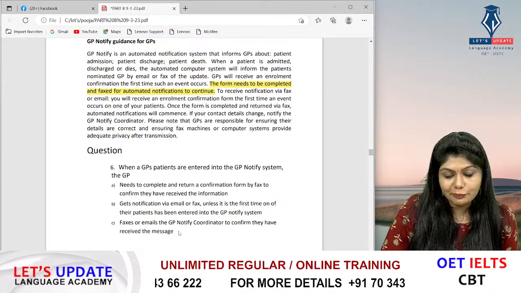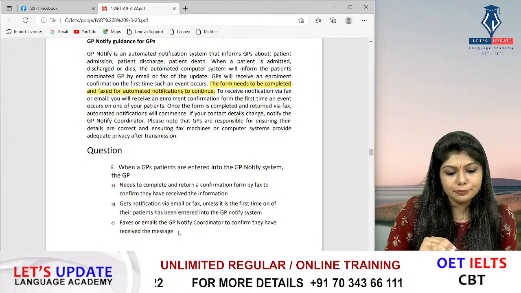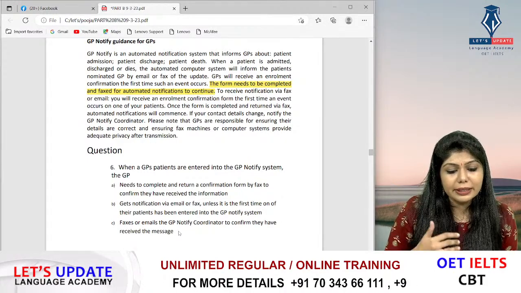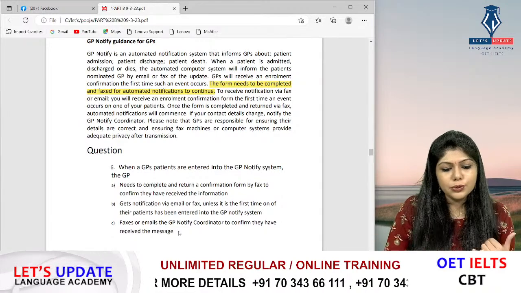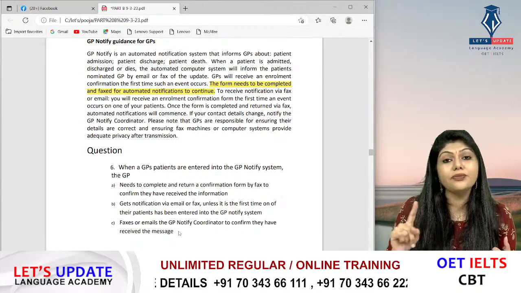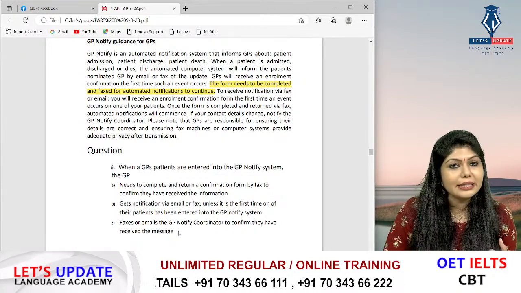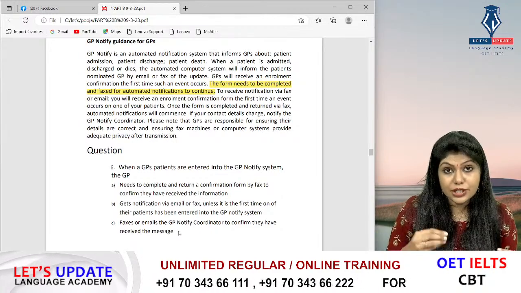And moving to B. B is: gets notification by email or fax unless it is the first time their patients have been entered into the GP notify system. That is, the GPs will get notification via email or fax unless it is the very first time. In the cases where it's the very first time, they may not get the notification via email or fax.